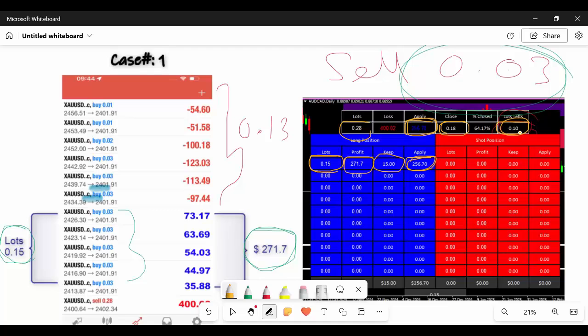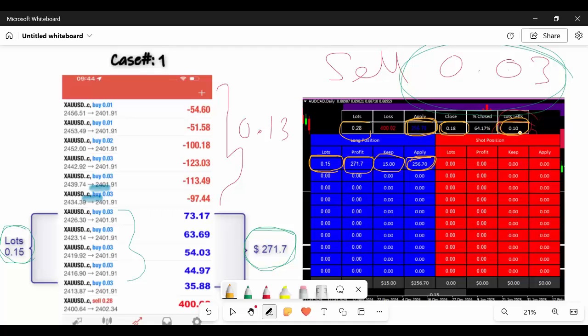Okay. But my question is, is it the buy side? That's the long position. We slot in 0.15, then we slot in the profit. Then that automatically gives us $15 and 256 point something. Of course, that's it. When you type 0.15, you press the enter key for the calculator to register it.